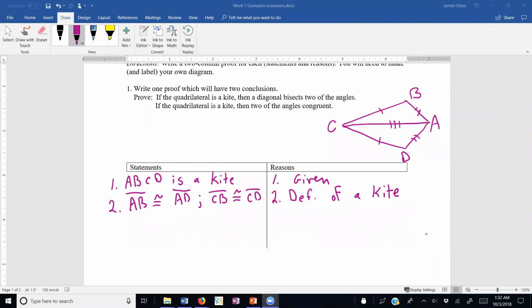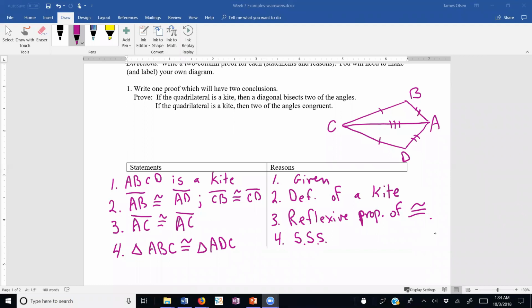Statement 3 will be segment AC is congruent to itself by the reflexive property. Now you can probably anticipate the next step. The triangles are congruent. We need to put the letters in the corresponding order. Triangle ABC is congruent to triangle ADC by side, side, side.